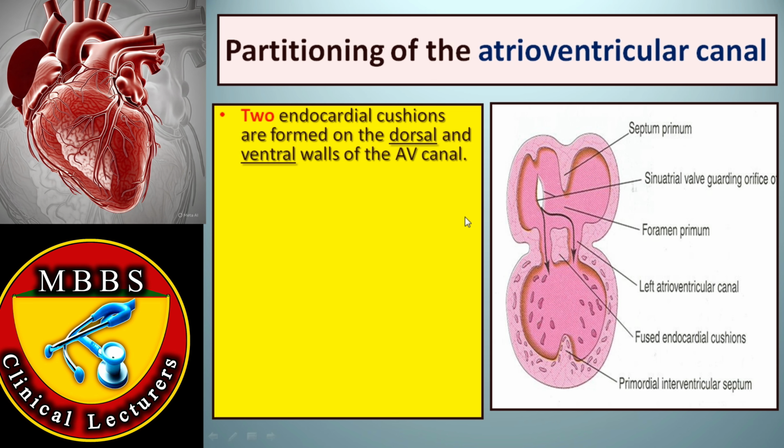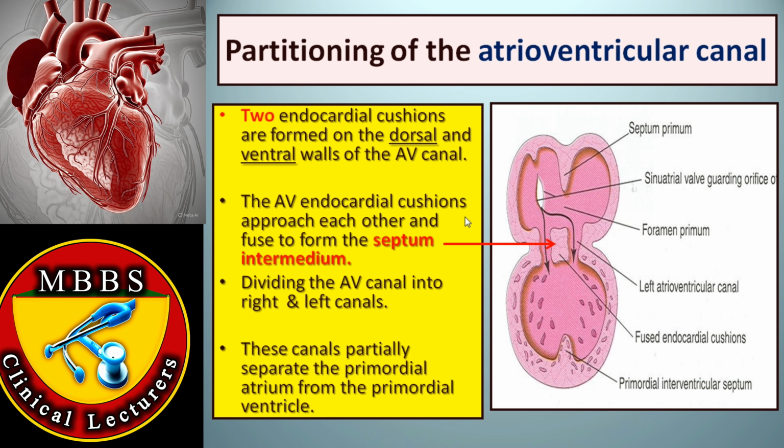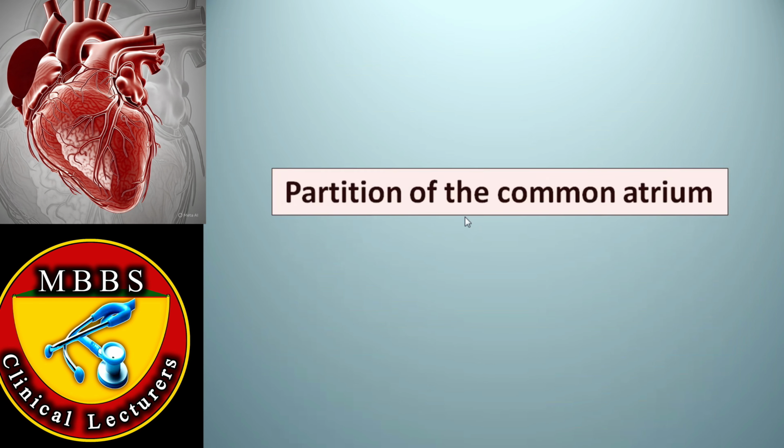So the two endocardial cushions arise from the dorsal and the ventral wall of the AV canal. They fuse to form a septum called the septum intermedium, and that septum intermedium divides the canal into right and left canals, and they partially separate the primordial atrium from the primordial ventricle.